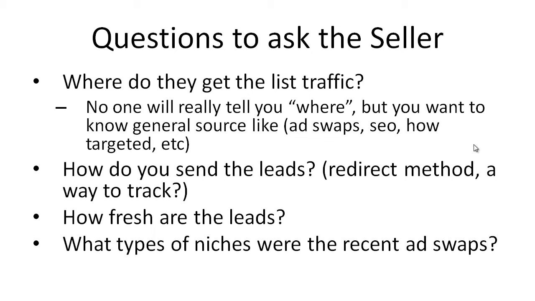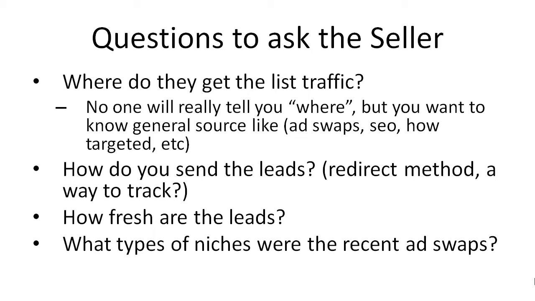Another thing you want to figure out is, if they are using ad swaps to get their list traffic, what types of niches were the recent ad swaps? If you have an idea of the recent niches, then you have a better idea of what kind of people on their list are interested in certain niches.